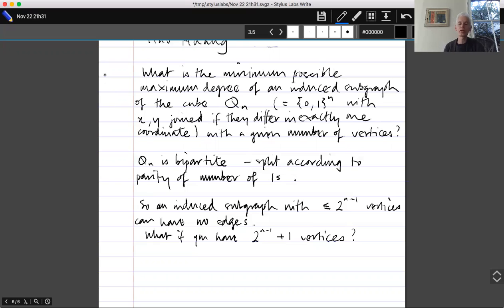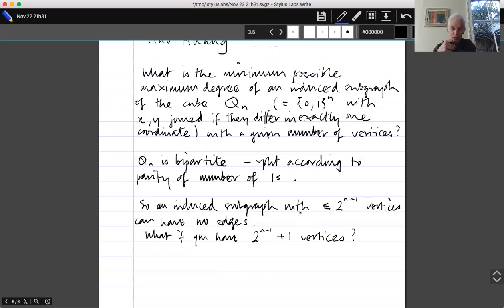So a quick remark here is that if you do take all sequences from one half of the bipartition, then when you add a vertex, it's going to be joined. So if you take, say, all sequences with an even number of ones, and if you take any sequence with an odd number of ones and add it on, all its neighbors will have an even number of ones, and so you'll have a vertex of degree n.